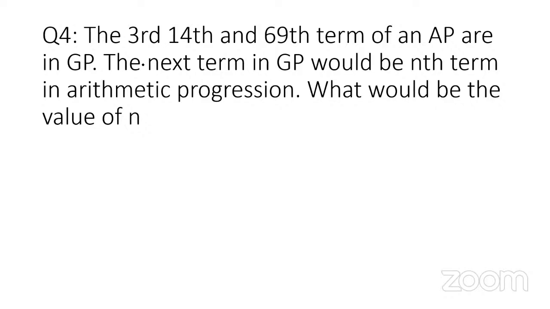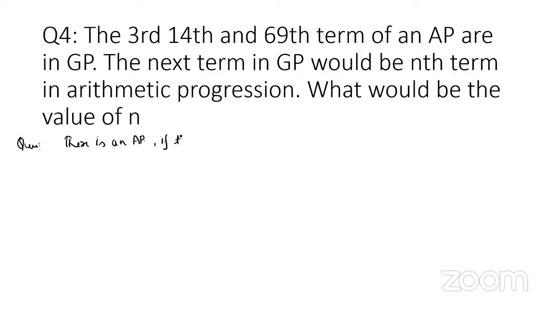The right question was, guys, let me write it down again. The right question was that there is a series of AP, right? There is an AP. AP, we all understand. AP is arithmetic progression.